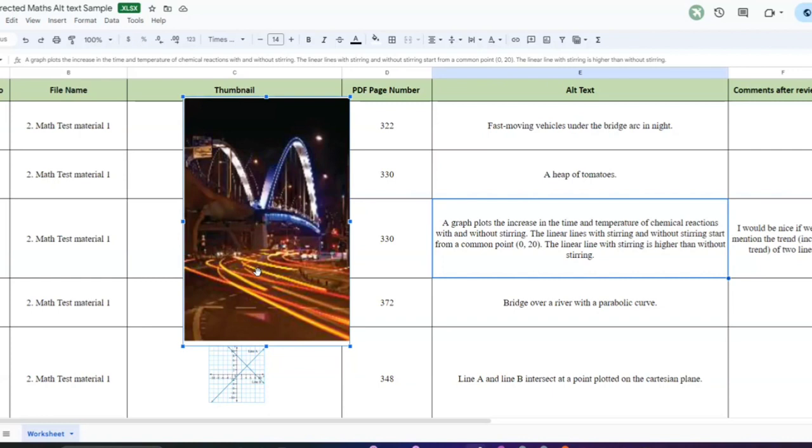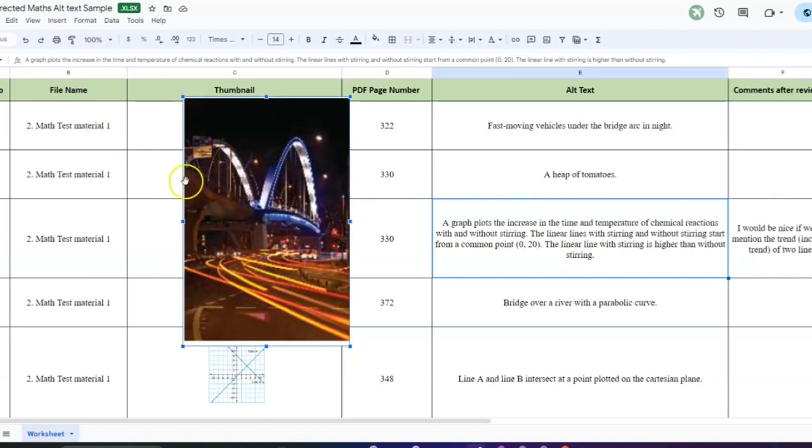You can understand one thing: a blind person never knows what color is. He doesn't know what red color or white color is. He knows only black, because his life is completely colorless. So never add any kind of color in your alt text. First point: never add any kind of color in your alt text.